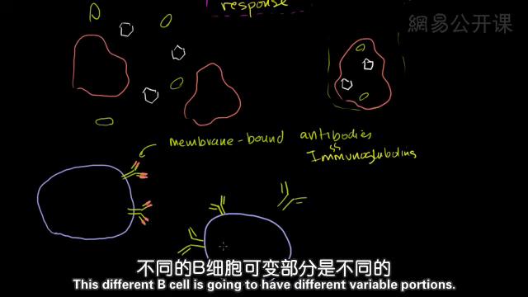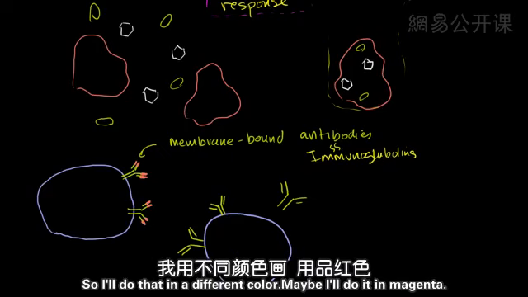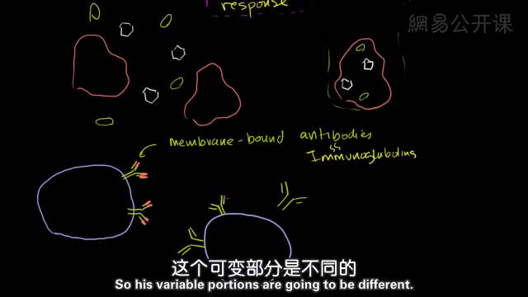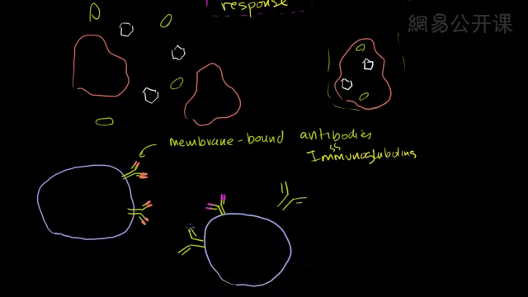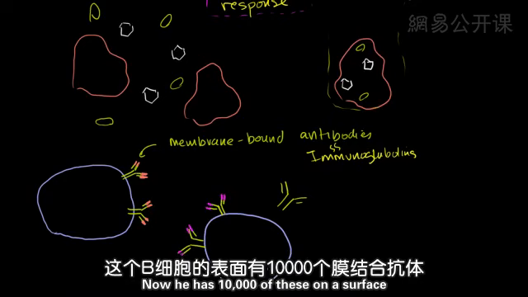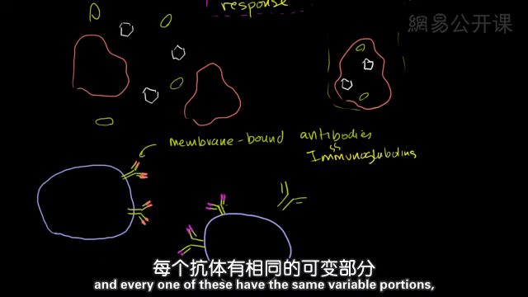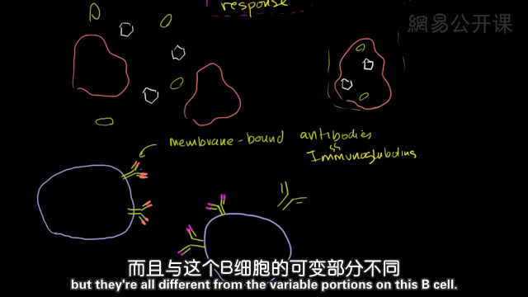Now, this different B cell is going to have different variable portions. Let me do it in a different color, maybe magenta. So his variable portions are going to be different, just like that. Now, he has 10,000 of these on his surface, and every one of these has the same variable portion, but they're all different from the variable portions on this B cell.